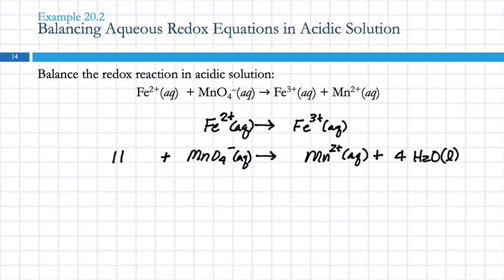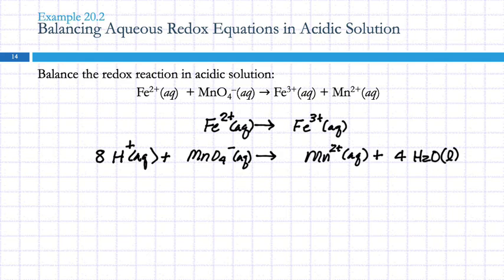We're going to add hydrogen ions to the other side. 2 times 4 is 8 hydrogen ions. And if that number seems a little high, it's okay. Sometimes it ends up being like 25 or something. So we sometimes see larger coefficients in these types of reactions. Okay, so we've got mass balance.